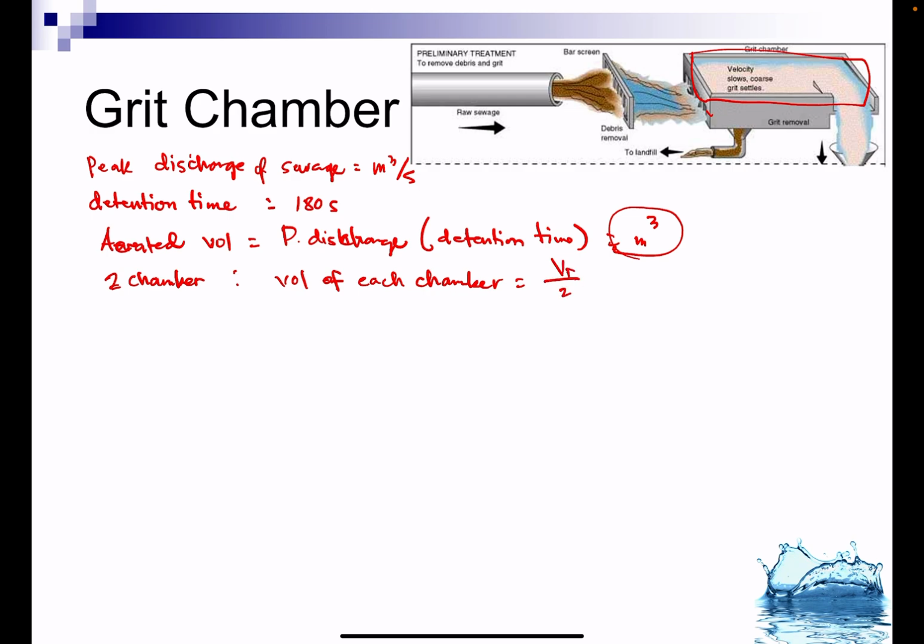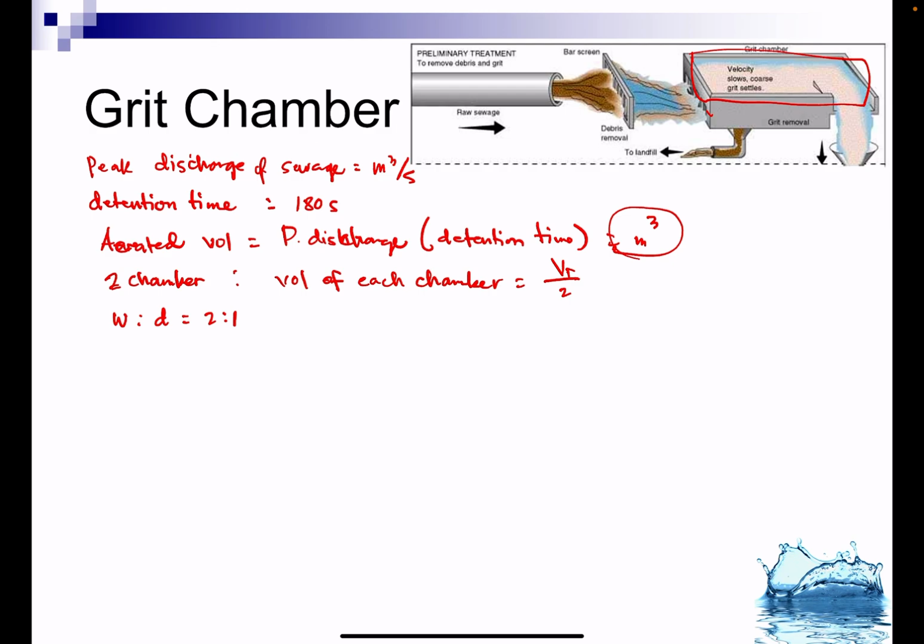Okay? Now, you have to assume the depth, with the width to depth ratio again being 2:1. So, if I assume that the depth is 1 meter, my width would be 2 meters.